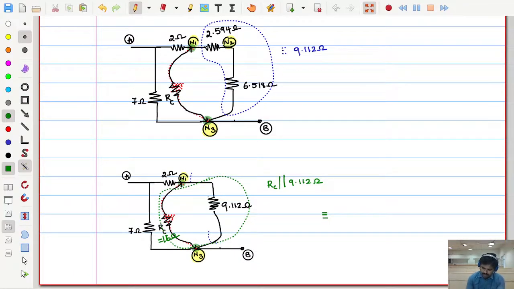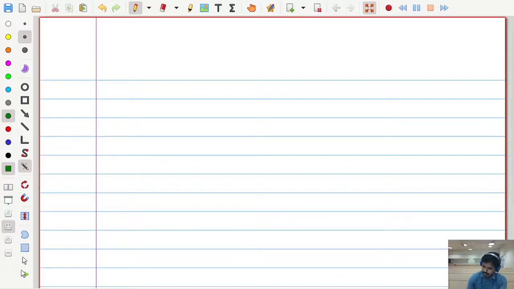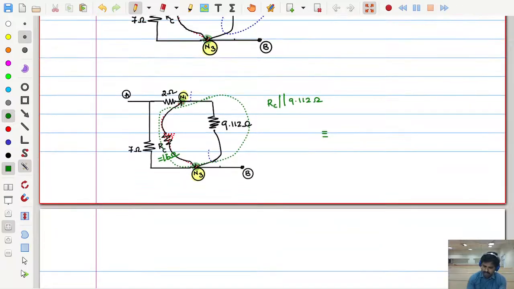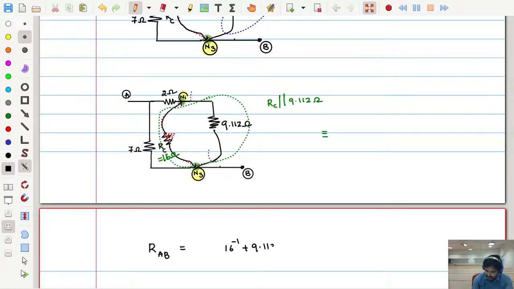I will write directly that expression. You simplify these things. RAB is equal to, I'll write it this way, 16 inverse plus 9.112 inverse, whole inverse. For this answer, 2 is in series, so plus 2.